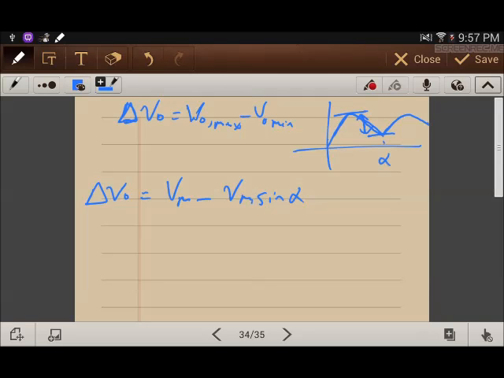Since this is alpha, sine alpha multiplied by the maximum voltage gives me the minimum voltage here. So I will take V maximum as a common factor. It will be 1 minus sine alpha.